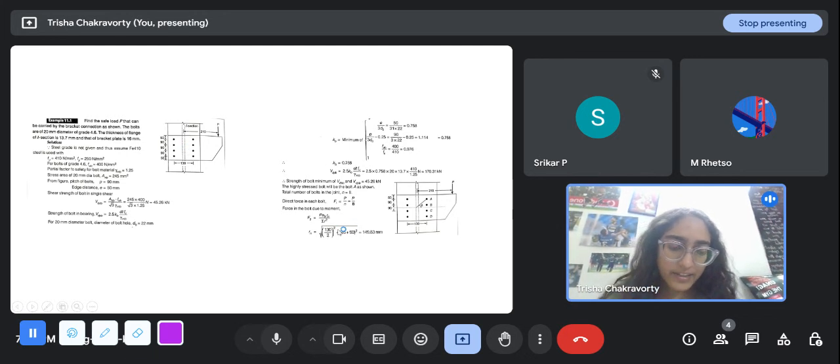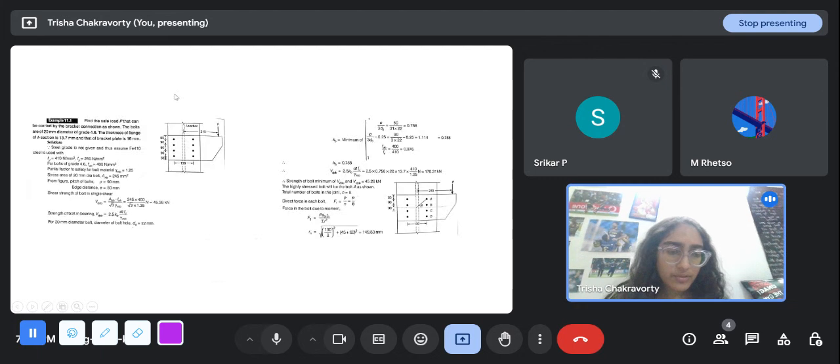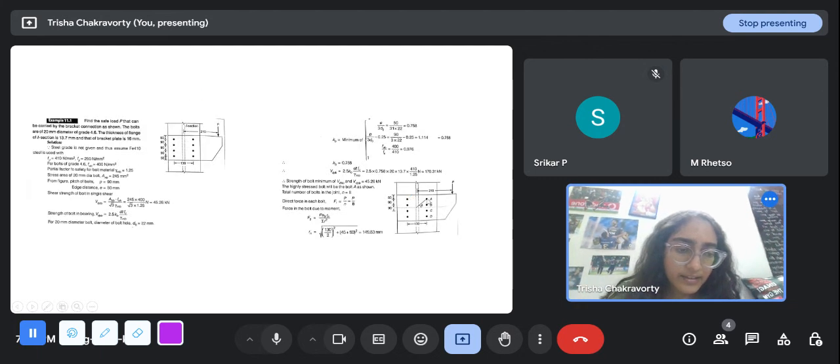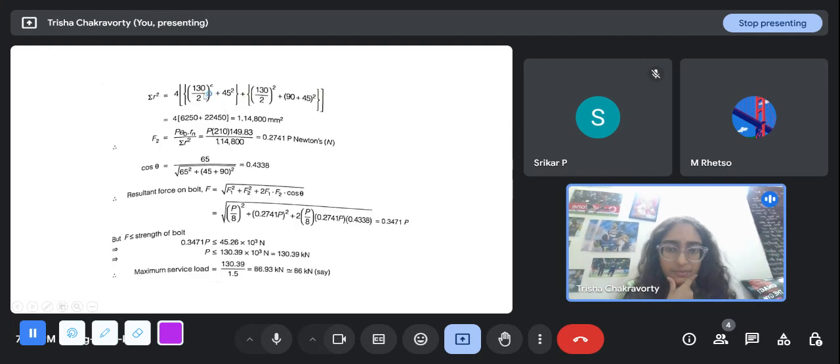So 45 plus 90 whole square, and you take the root. And you square for all the bolts. For this and this, the R is 149.83, and for these it will be 130 by 2 whole square plus 45 square, root. That is what is being done here. And you find the F2 as this.